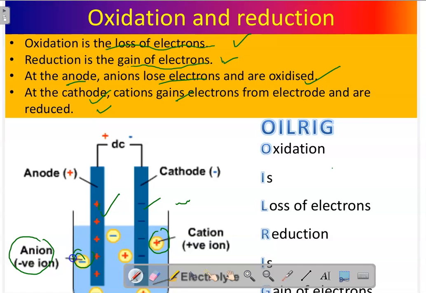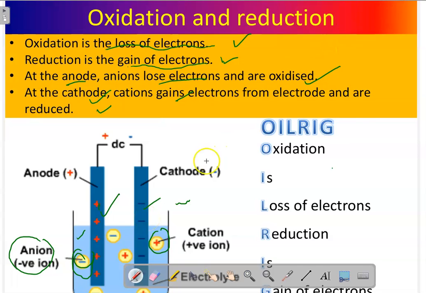And once the anions come to the anode, they lose electrons and they are oxidized. So what you have to know is that oxidation happens at the anode because the anion loses electrons, and reduction happens at the cathode because the cation gains electrons, so to speak.